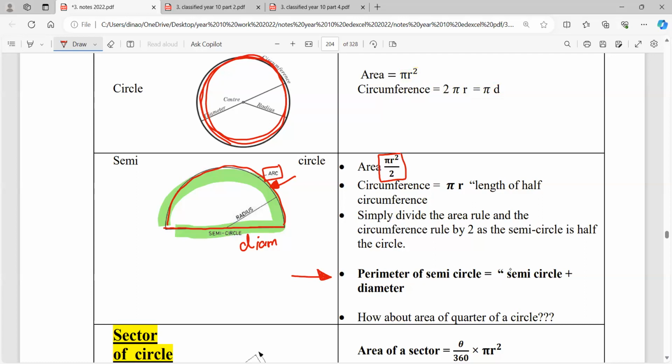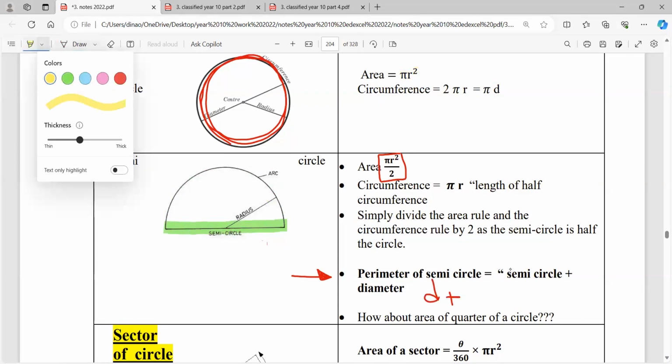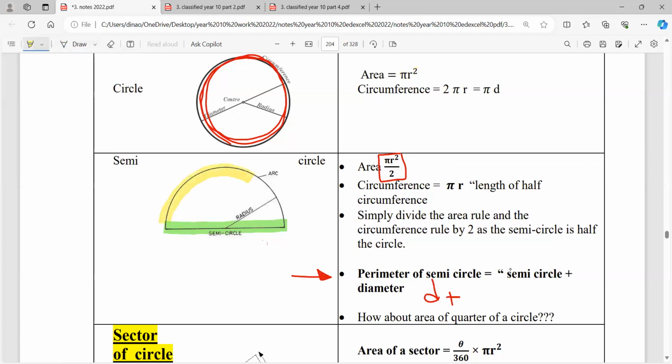Perimeter is the outer sides, and the outer sides of the semicircle are this diameter. I don't have a problem with that. Okay, plus. Now, my concern is this curved line.